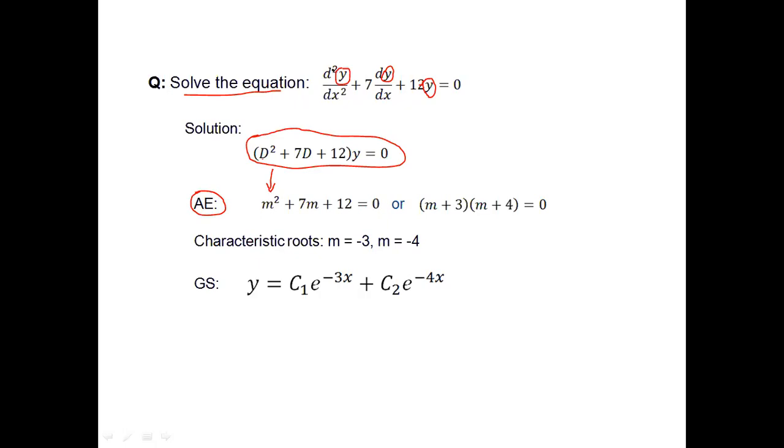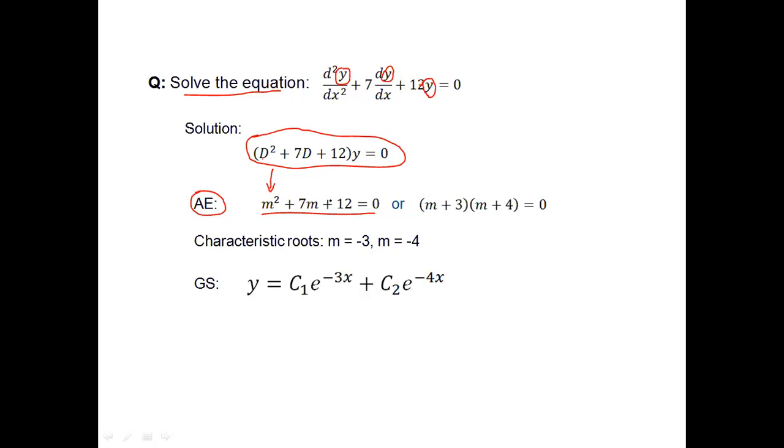This is the simplest method. Having converted the given equation into the D notation, we replace the letter D by letter m to come up with the characteristic equation or the auxiliary equation. So this particular one is giving us m squared plus 7m plus 12 is equal to 0.